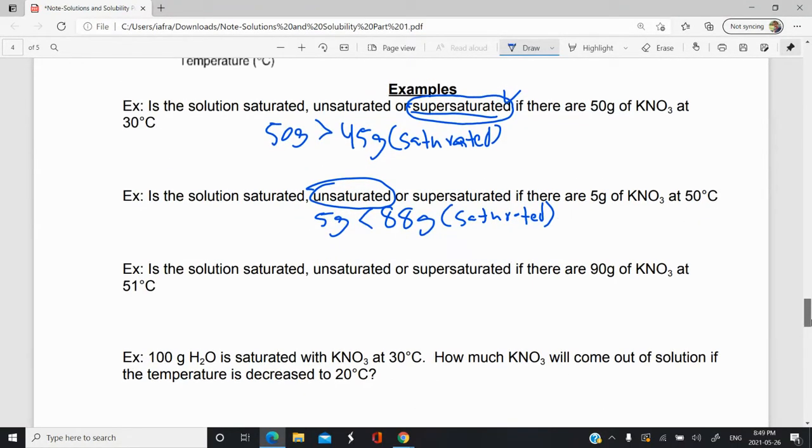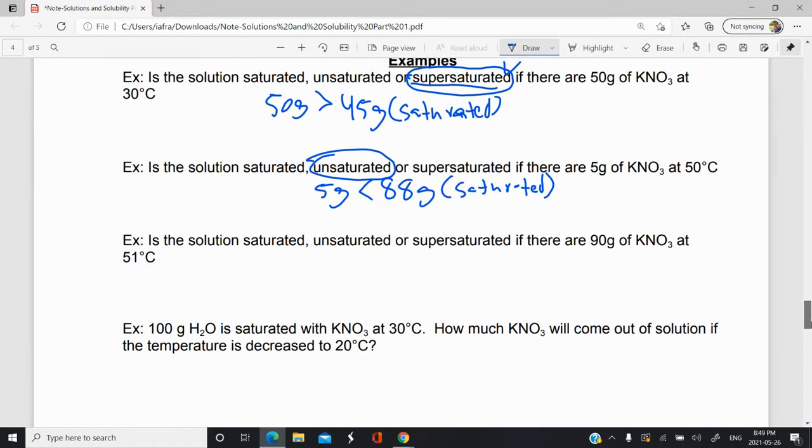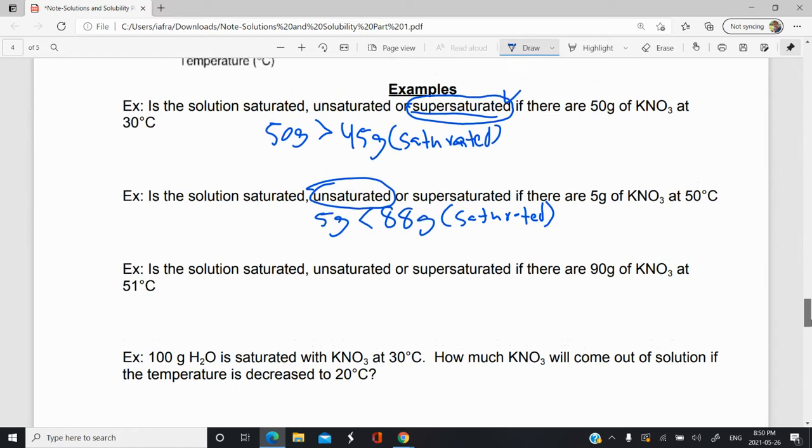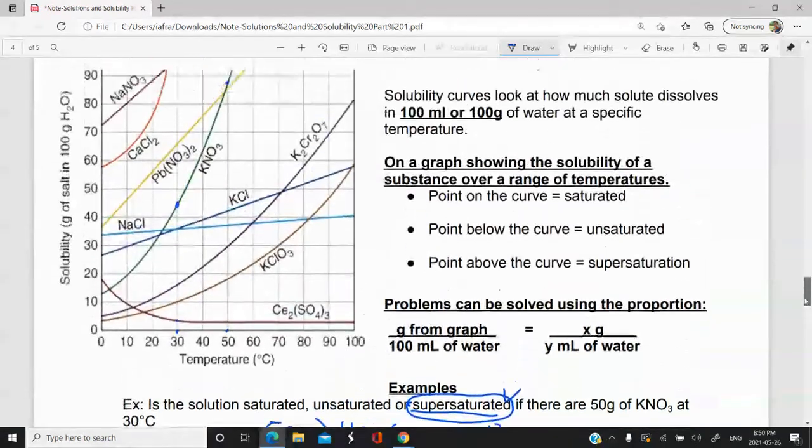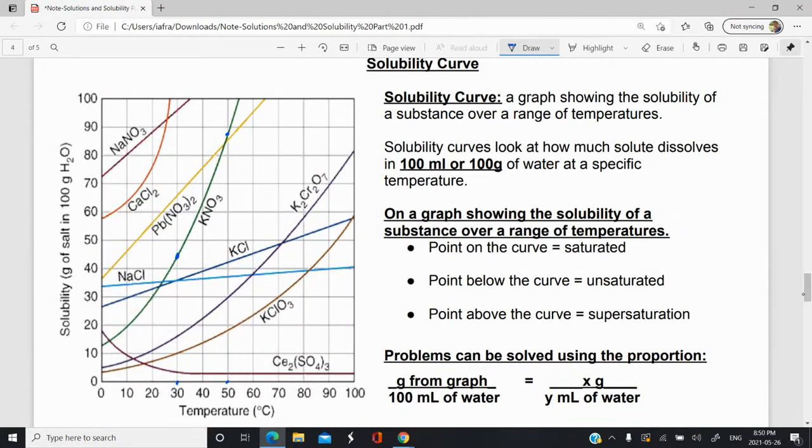Is the solution saturated, unsaturated, or supersaturated if there are 90 grams of KNO3 at 51 degrees Celsius? Okay, so 51 degrees Celsius, we're about here.